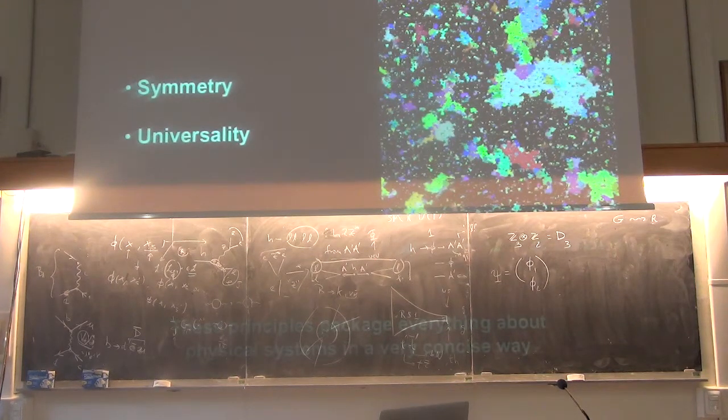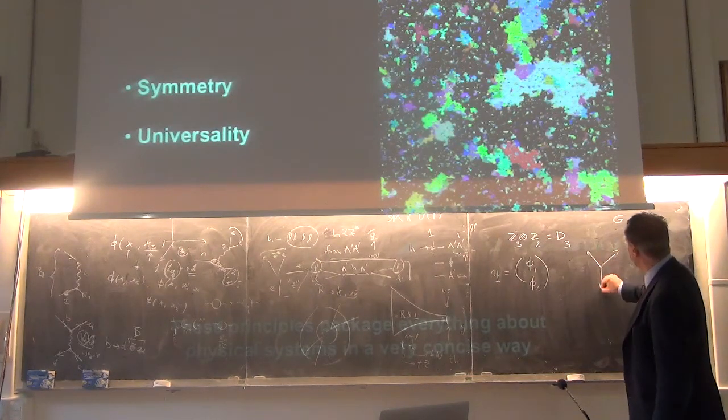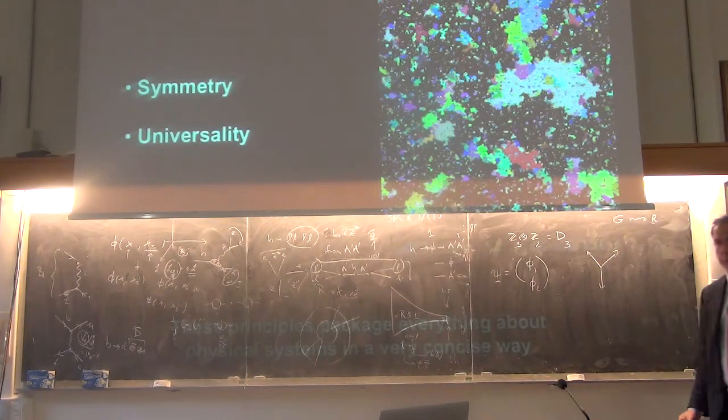Okay? So what is Z3? Well, Z3 is essentially the group of symmetry which are behind the cubic root of identity. Okay?